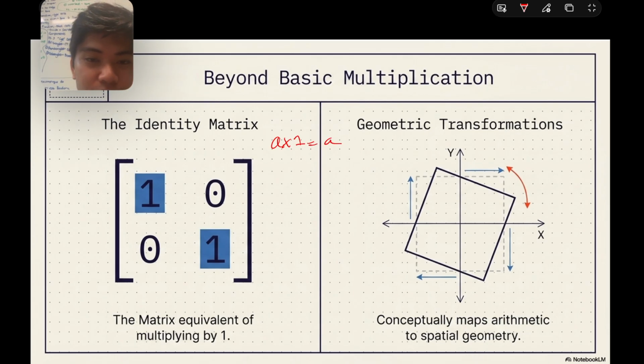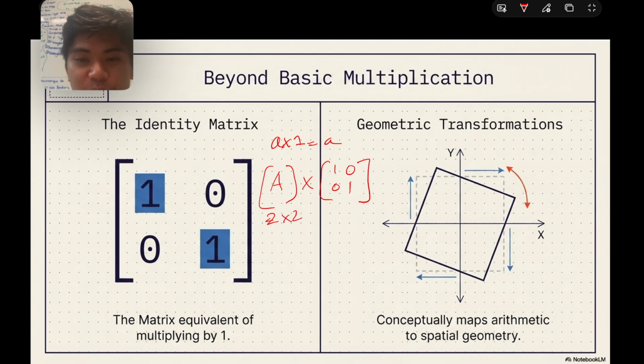But in matrices, if we have matrix A multiplied by the identity matrix, this would need to be 2 by 2, I think. The identity matrix is basically just ones along the diagonal until we reach the same number of dimensions, and then we are basically multiplying by 1.